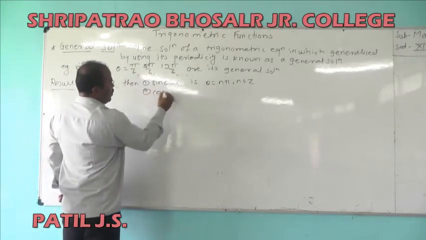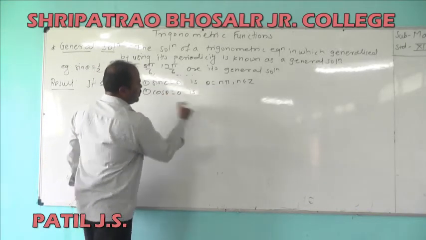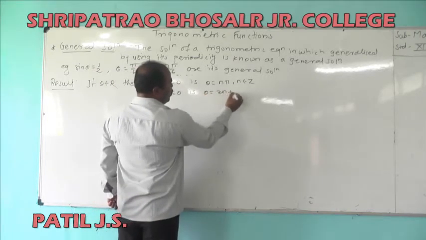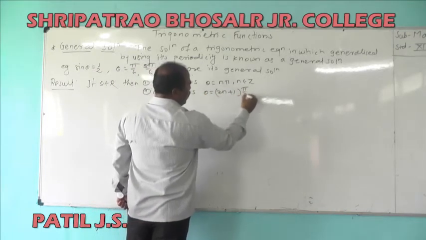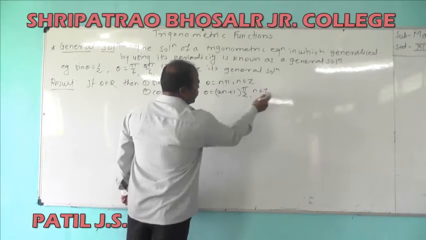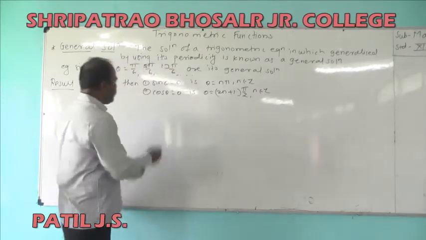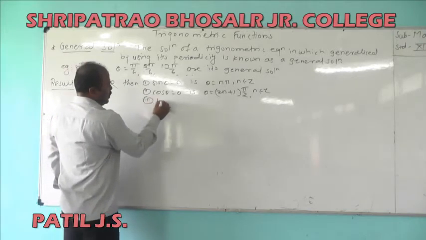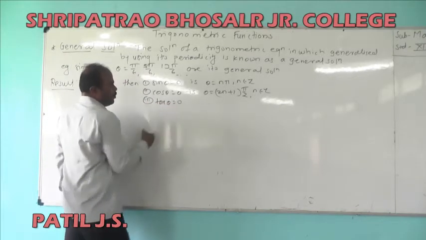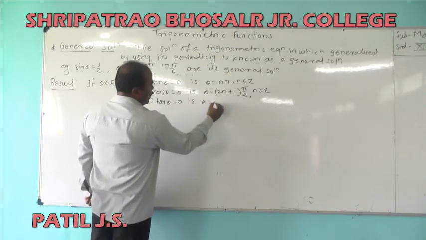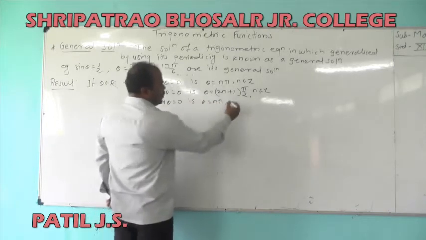Second, cos theta is equal to 0 gives theta is equal to (2n plus 1) into pi by 2, n belongs to Z, where Z is the set of integers. Third, tan theta is equal to 0 gives theta is equal to n pi, n belongs to Z.